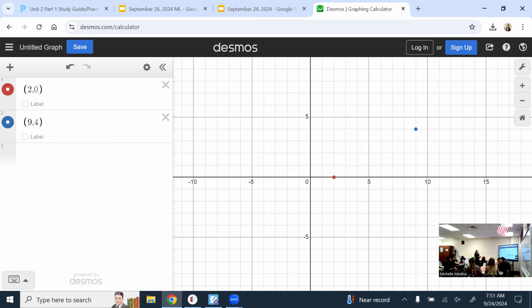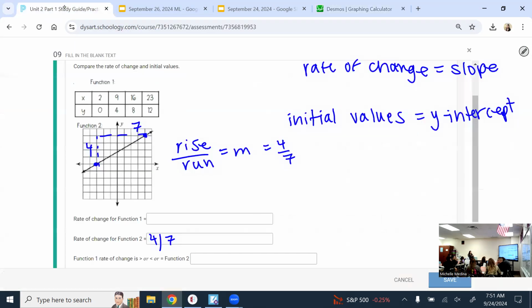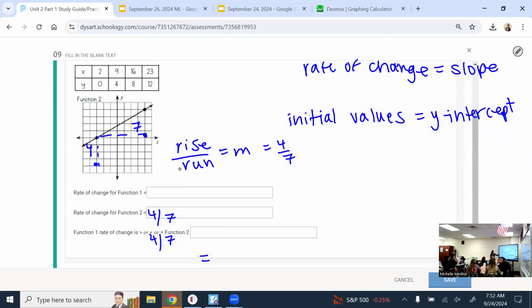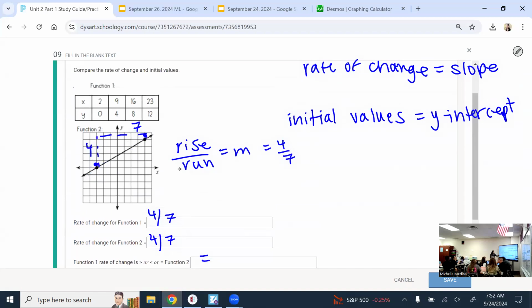And my run is 1, 2, 3, 4, 5, 6, 7. So their slopes are the same. They're both 4/7. So you put that their rate of change is equal to each other. That's probably the easiest.